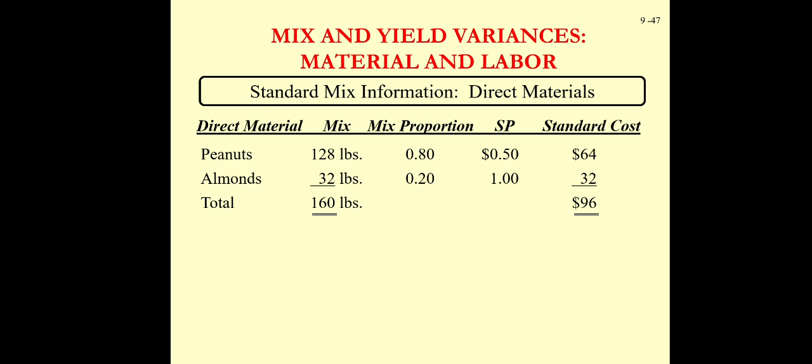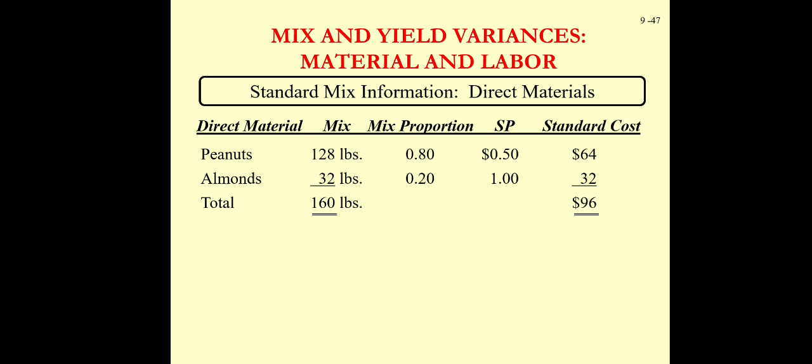The mix is 128 LBS and 32 LBS, the total is 160 LBS. So the mix proportion is 80% and 20%. And then here the standard price is 50 cents and $1 for 1 LBS.